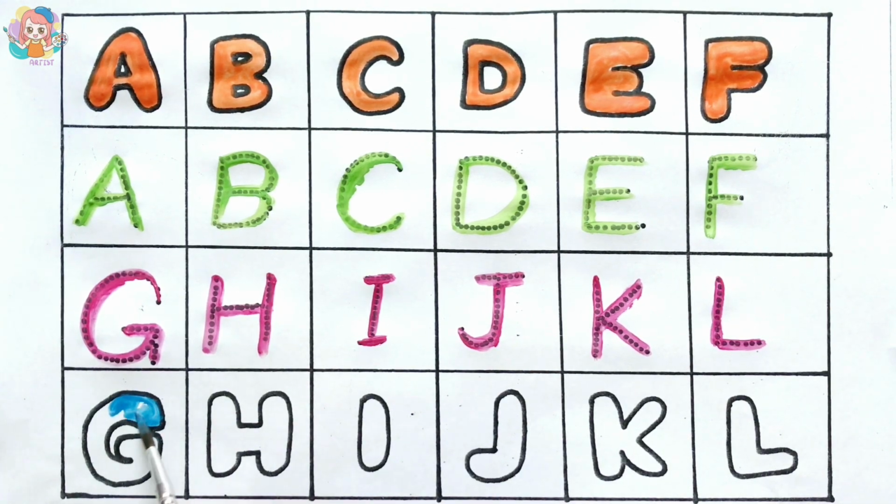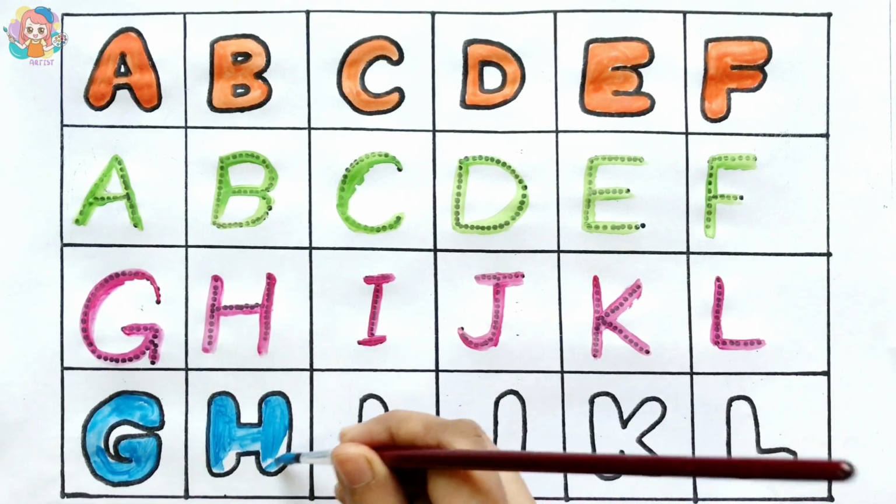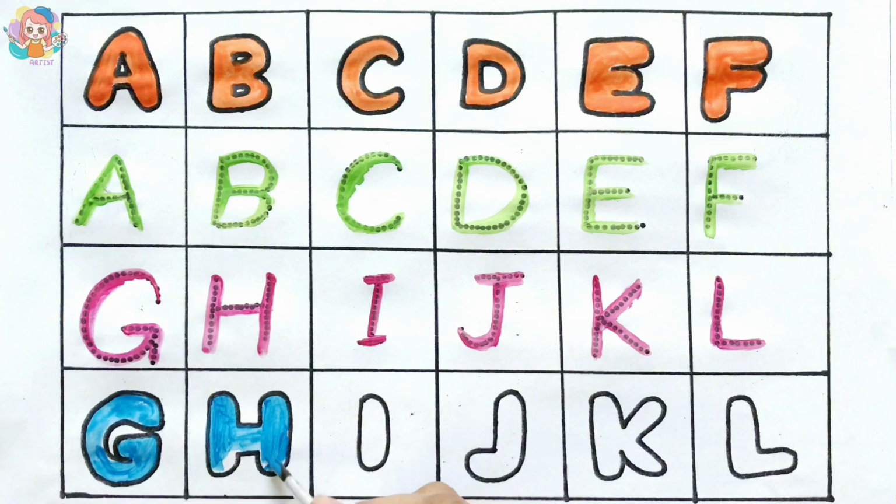G. G is for God. H. H is for hat. I is for insect.